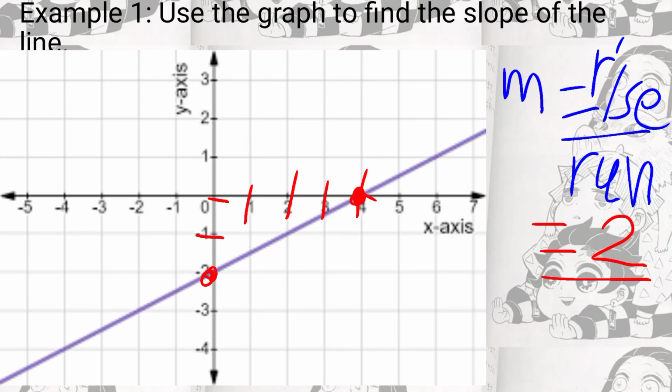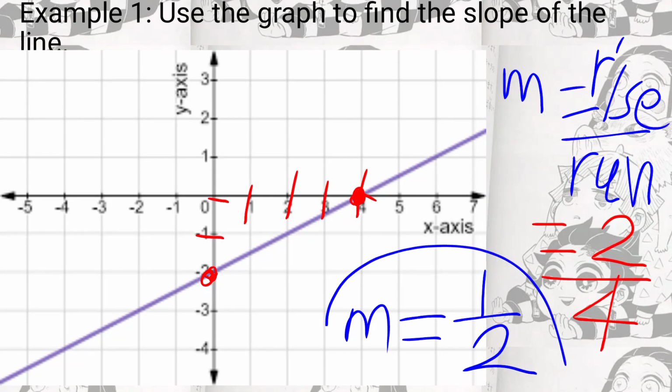Therefore, we have 4 units of run. So our slope from our first example is 2/4. But remember, 2/4 can be reduced to its lowest term, which is 1/2. Therefore, our slope here is +1/2.